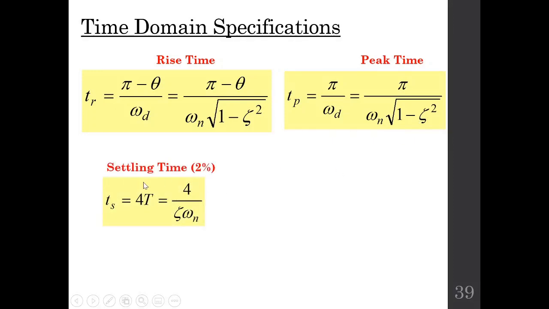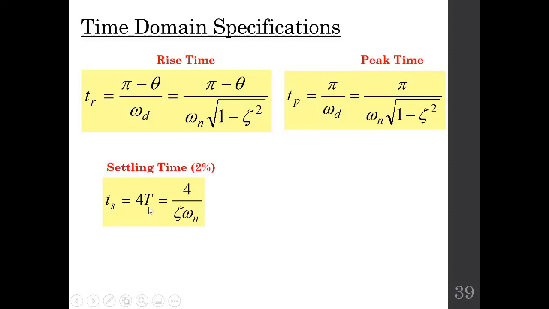The next is the settling time, 2% settling time. We can find the 2% settling time for the step response of a second order system as T of S equals 4t, or it is also equal to 4 divided by zeta omega n.